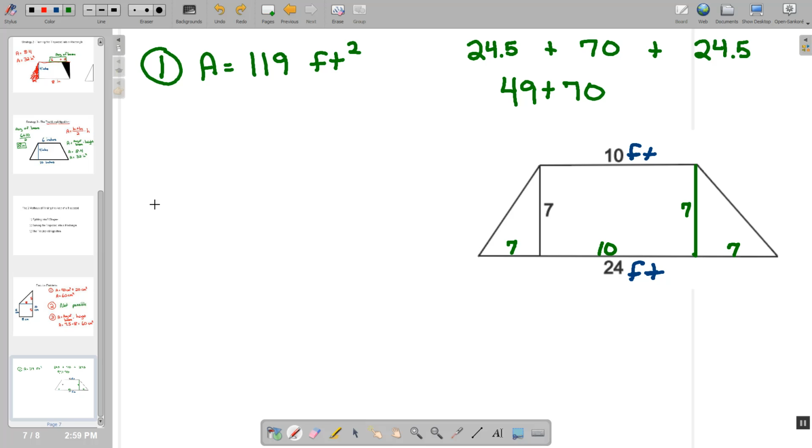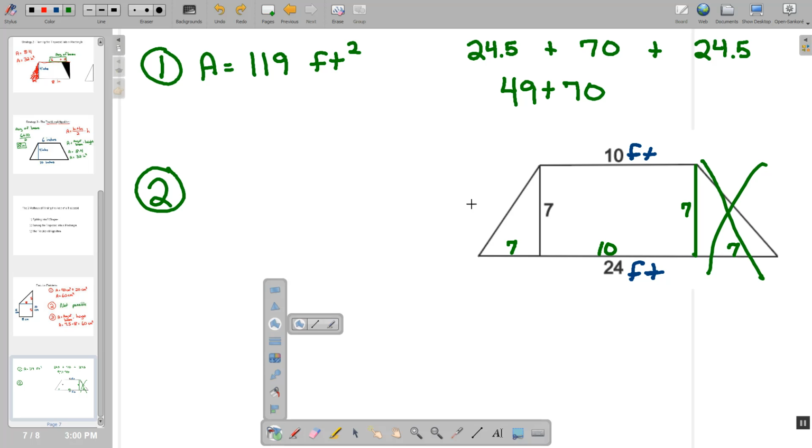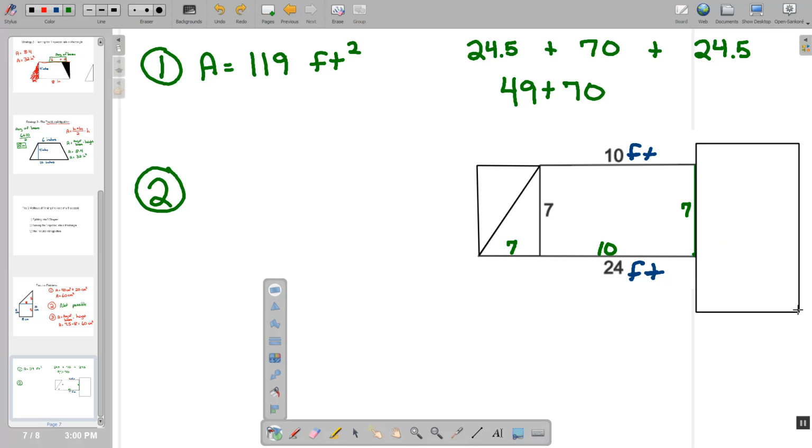Strategy 2 is instead of doing triangle, rectangle, triangle, we're going to cut out this triangle over here, and we are going to move it over here. There we go. And we end up creating a rectangle. So if we're able to cover this up in our head, and we'll even put a little rectangle over here. There we go.